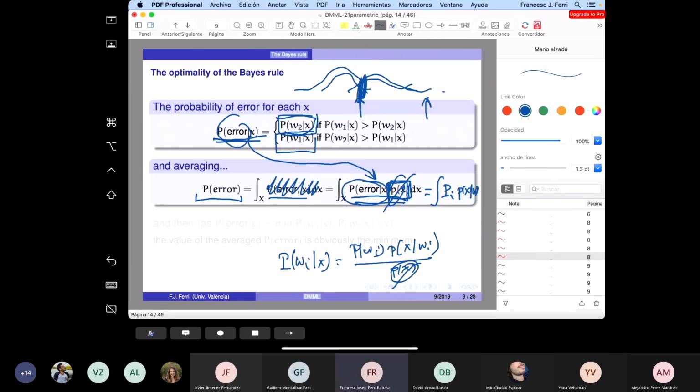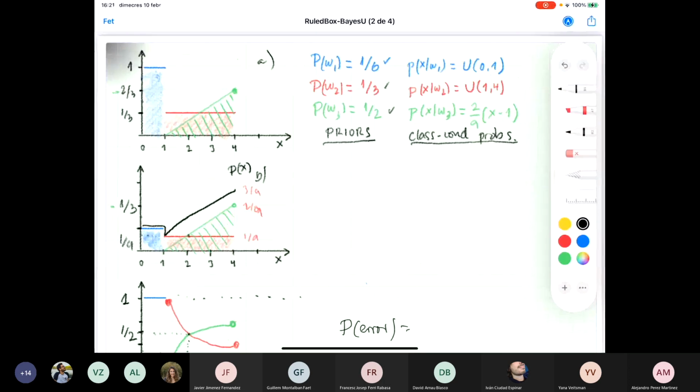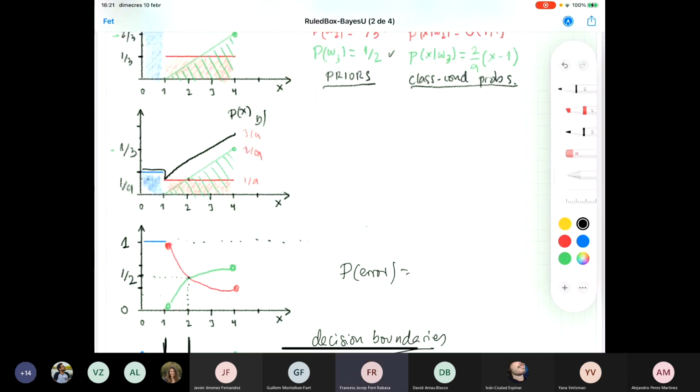Anyway, graphically, if we want to display the probability of error, we have to obtain the areas of the weighted class conditionals in the places where the classifier fails.